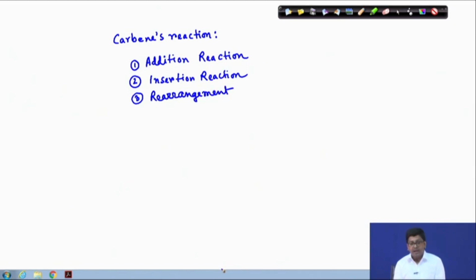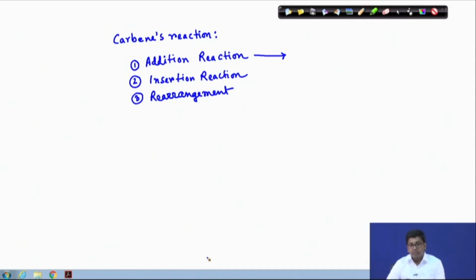Okay. Now, in our last class we already started with these addition reactions. There, what we have studied is that when the carbene adds to the olefin, it can generate the cyclopropane.